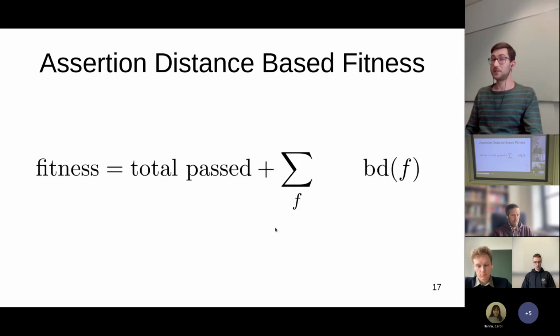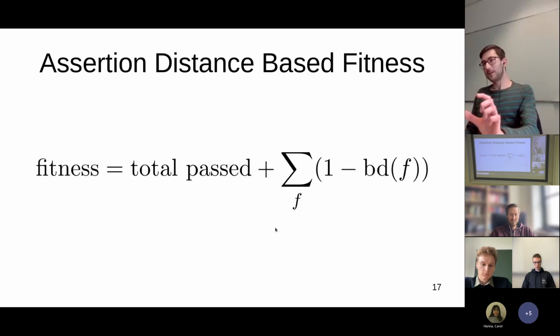A branch distance of 0 means that our goal has been covered or our assertion succeeded. And an assertion that succeeds means, okay, the test passes, so the fitness should increase by 1.